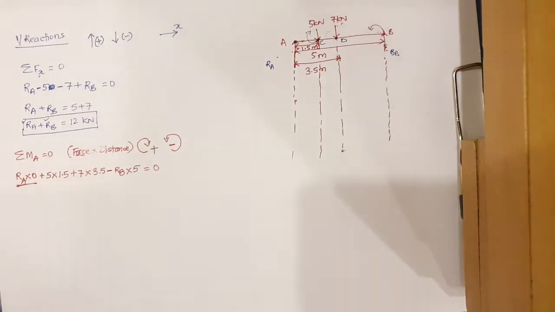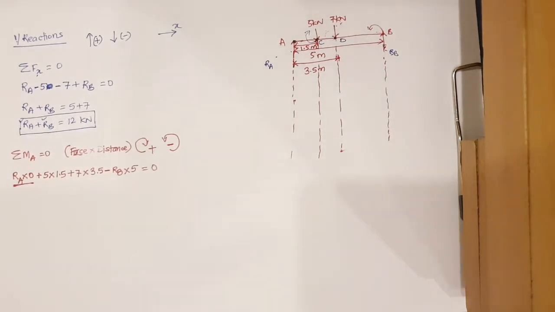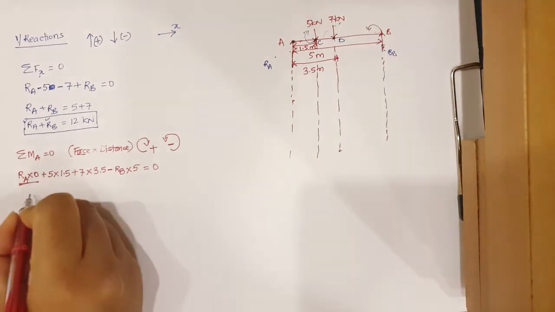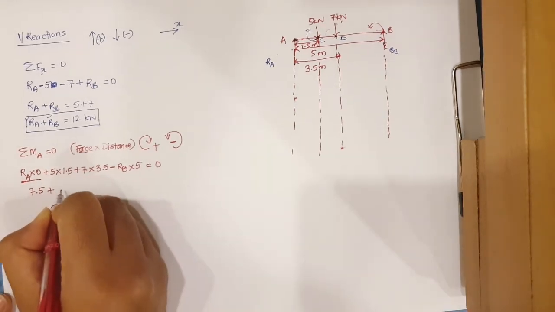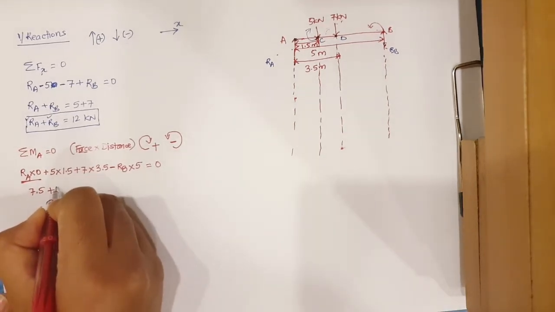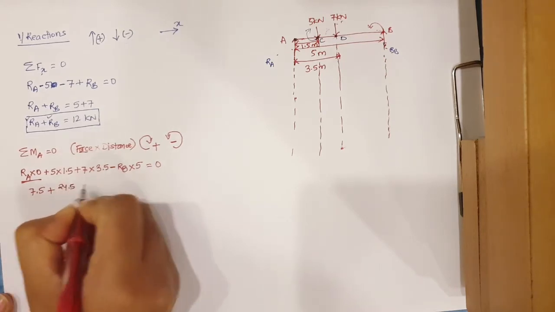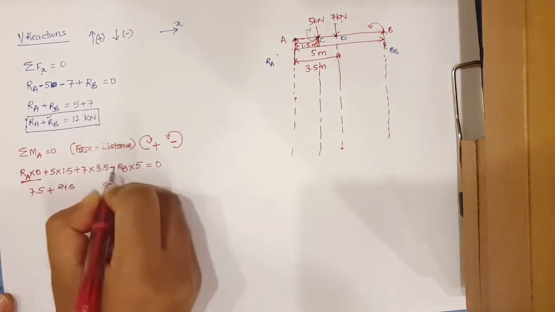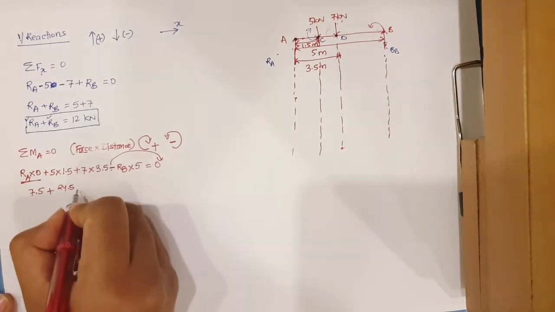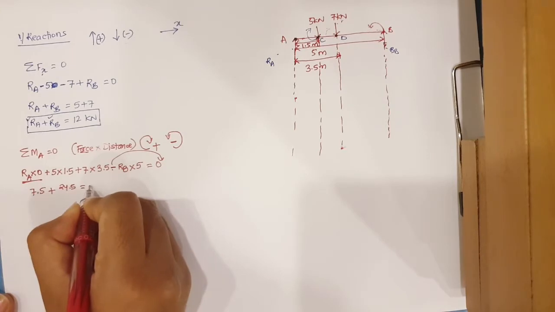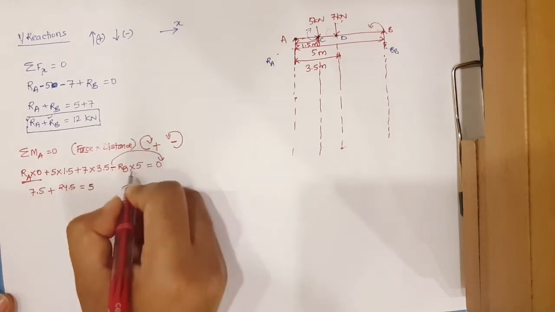अब 5 into 1.5 कितना होगा? 5 into 1.5 will come equal to 7.5 plus 7 into 3.5 will be coming equal to 24.5. अब ये माइनस को अगर हमने लेफ्ट हैंड साइड पे लेके गया है तो it will be equal to plus RB. तो ये क्या होगा?